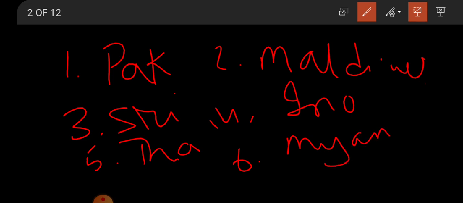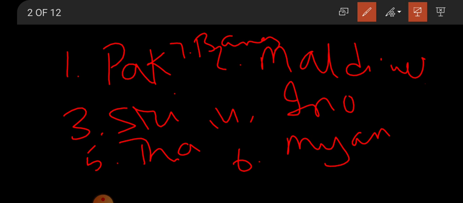Seventh one is Bangladesh. Clear? So what are the seven states which share the maritime border with India? Pakistan, Maldives, Sri Lanka, Indonesia, Thailand, Myanmar and Bangladesh.